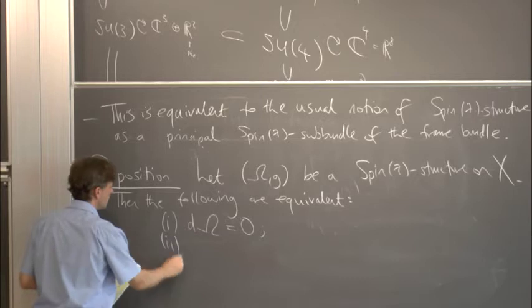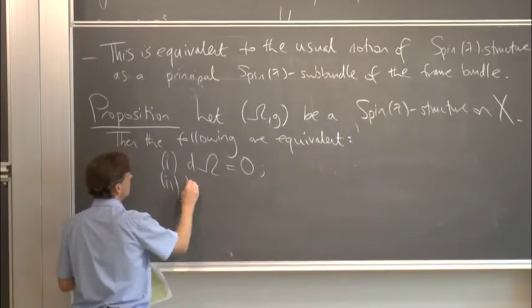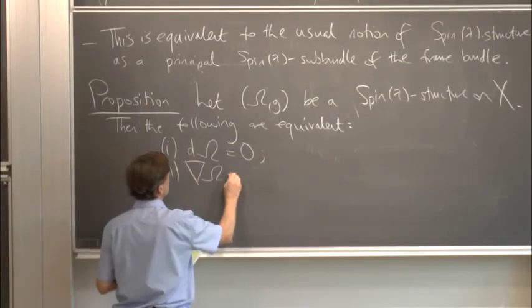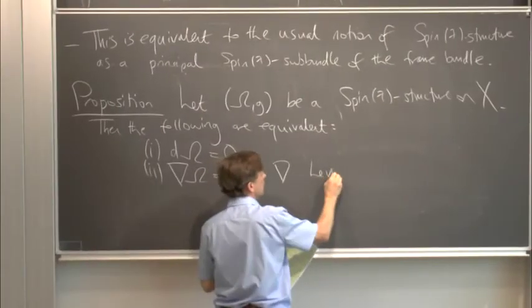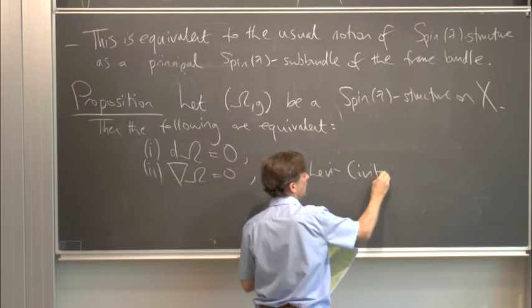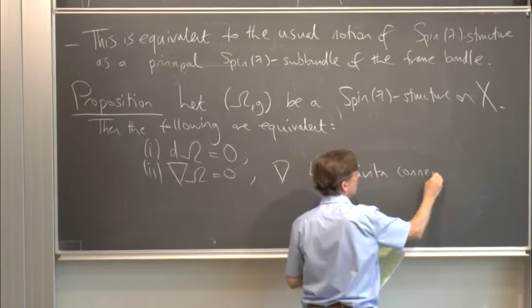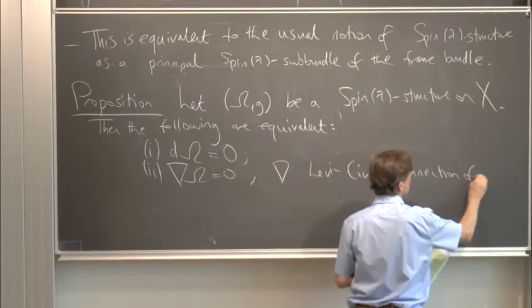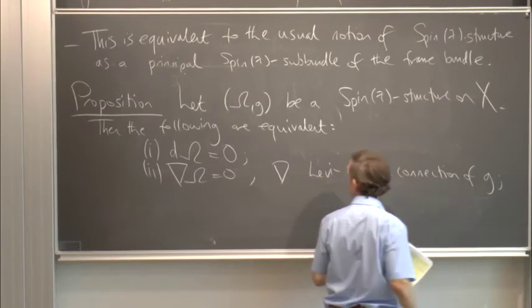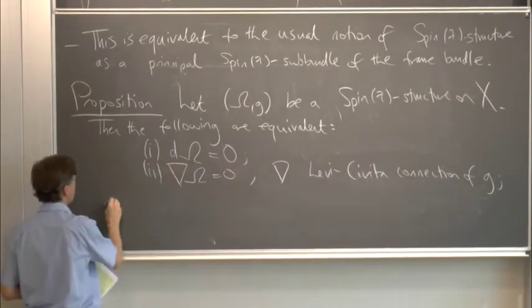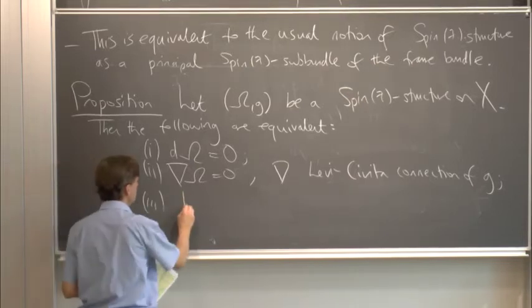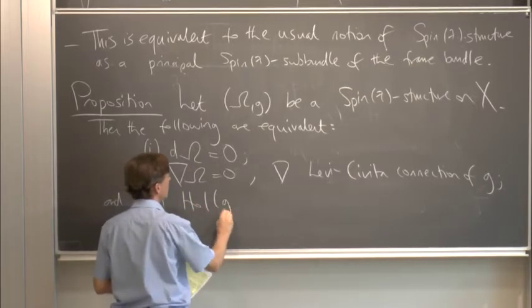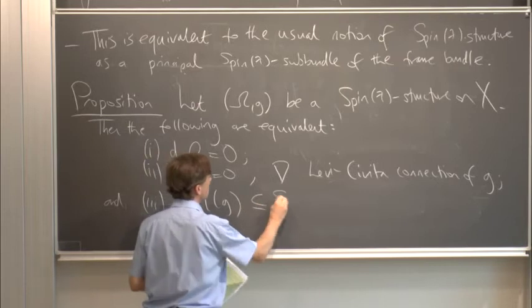Secondly, nabla omega is 0, where nabla is the Levi-Civita connection of g. And thirdly, the holonomy group of g is contained in Spin(7).